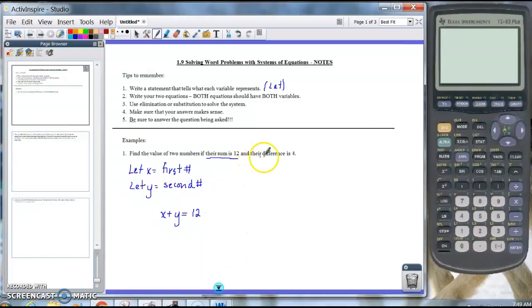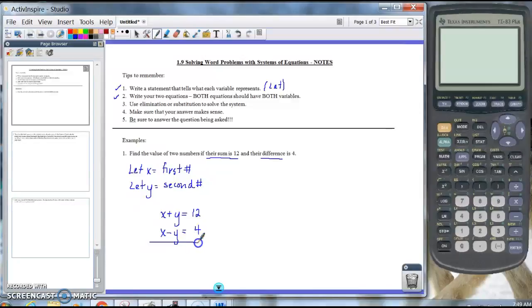My second equation says their difference is 4. That means if I take the difference of them, if I subtract one from the other, then that is going to equal 4. So I wrote my let statements, I wrote my two equations, and now I'm down to here where I'm going to use elimination or substitution to solve the system.